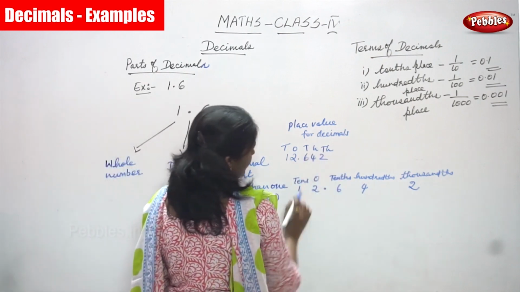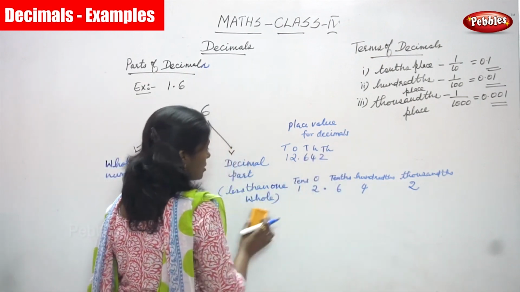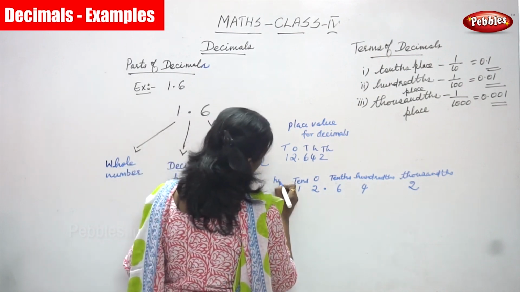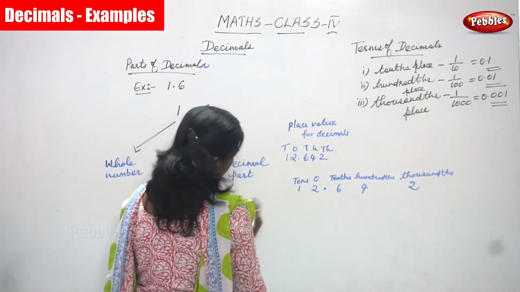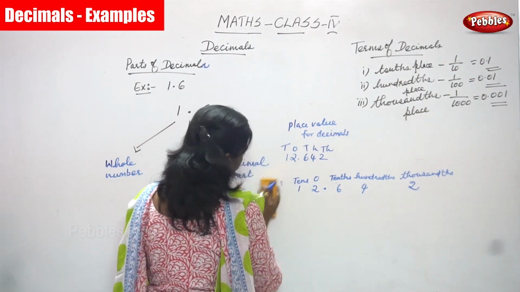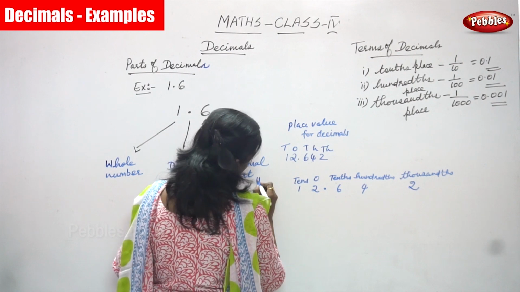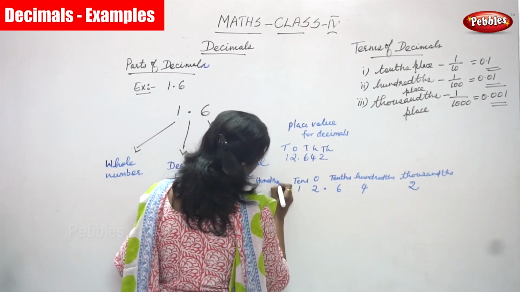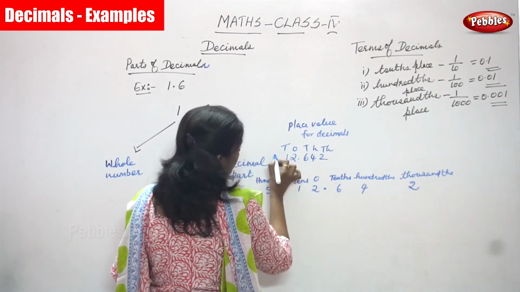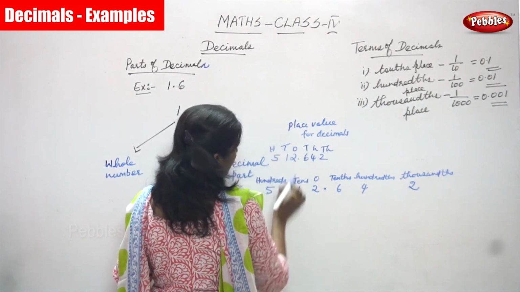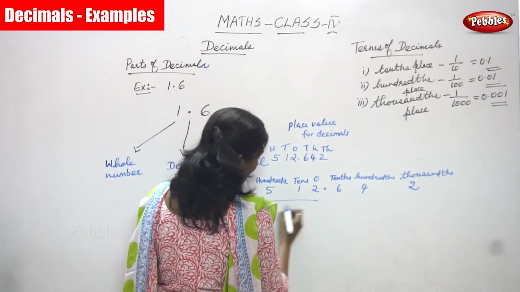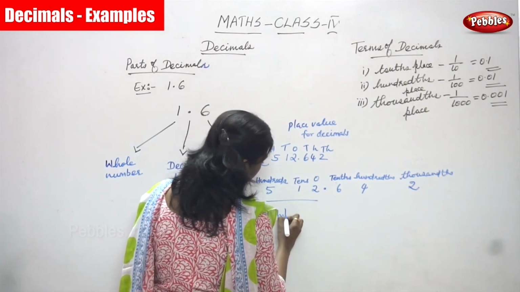So this is the place value chart. If you want, you can write hundreds here also. These are all whole numbers. H-U-N-D-R-E-D, hundreds. That means, for example, 5. If you want 5, it means it is hundreds. So 512, it is a whole number. This is a whole number.